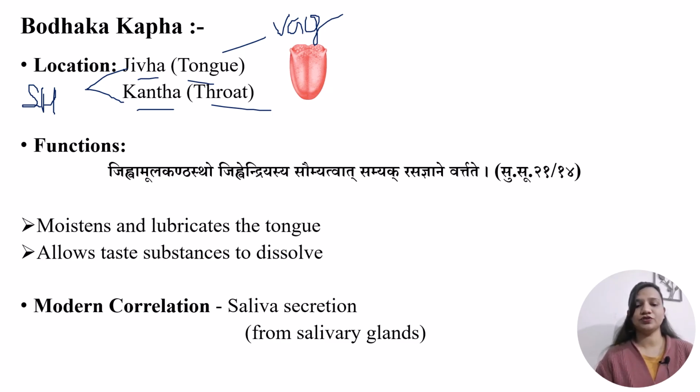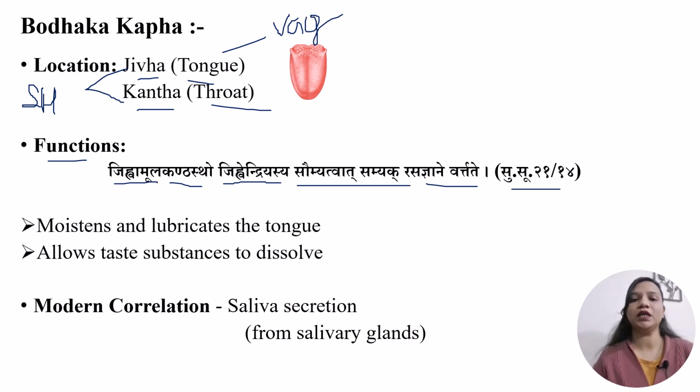Now if we talk about the functions of Bodhak Kapha, the shlok in Sushruta Samhita goes like Jivha Mool Kanthastho Jivhe Indriyasya Saumyatvat Samyaka Rasa Jnane Vartate. So what does this shlok mean?